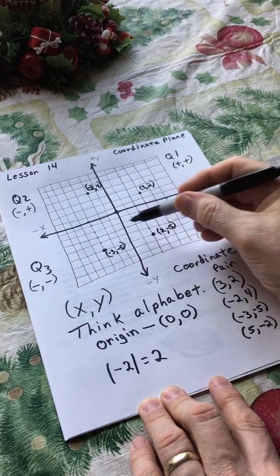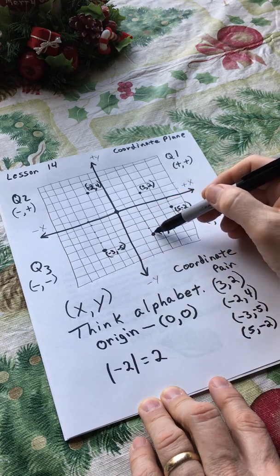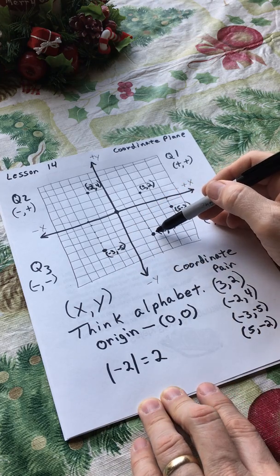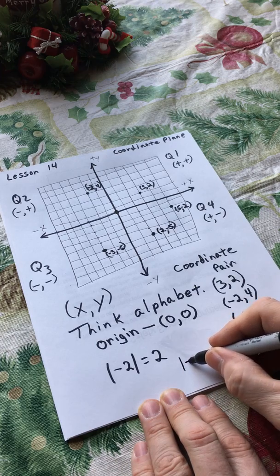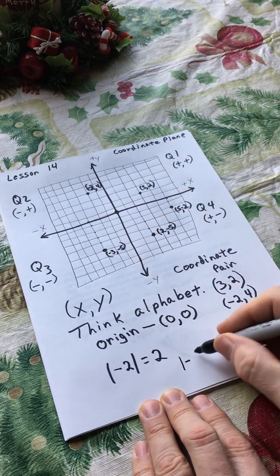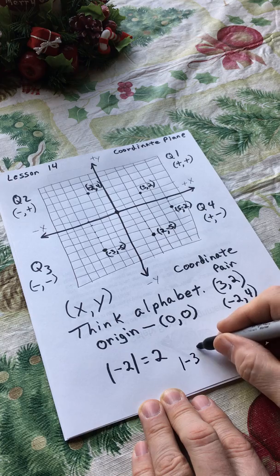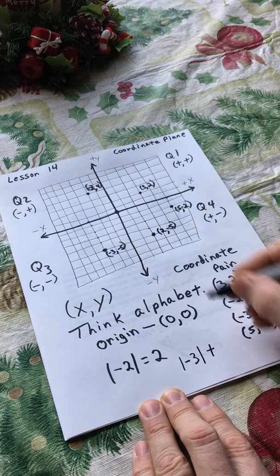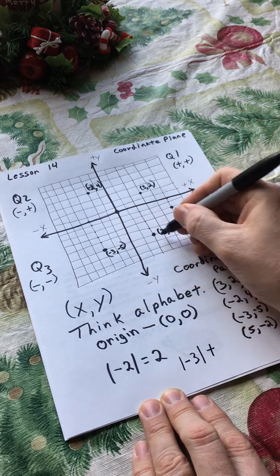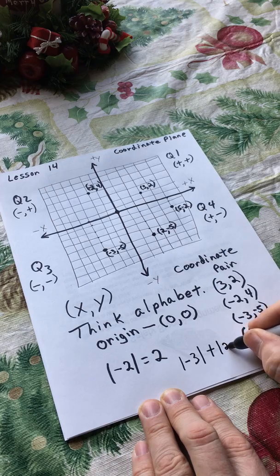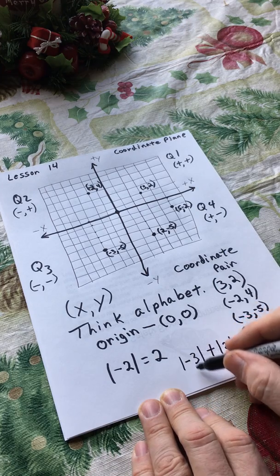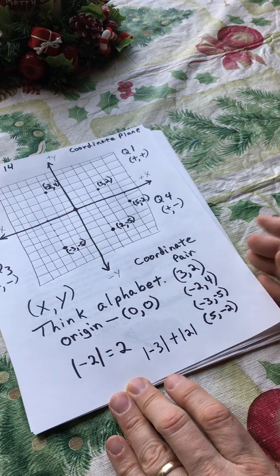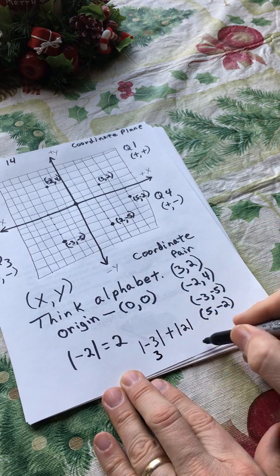So what is the absolute value between these 2 points? Okay, well, so I have the absolute value of -3, right, plus the absolute value of +2. Well, the absolute value of -3 is going to be 3.